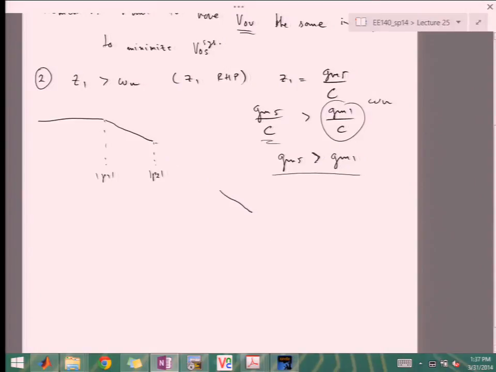It's a bigger slope, and then we get another slope of -20.